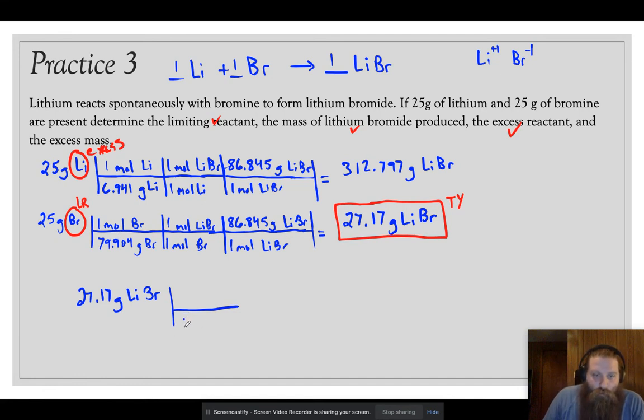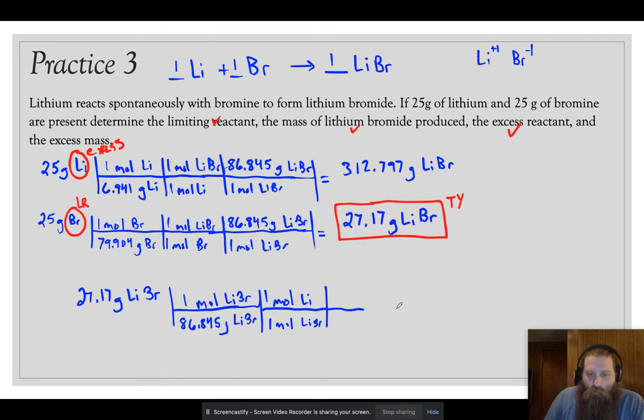So I'm just going to do my bracket in reverse. 86.845 grams of LiBr in a mole of LiBr. My molar ratio is still 1-to-1 because that's what my balanced equation tells me. All right, top to bottom cancel out.